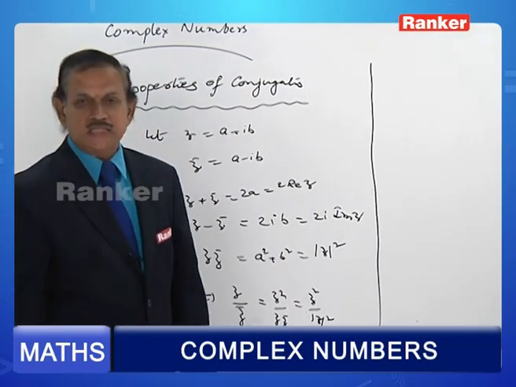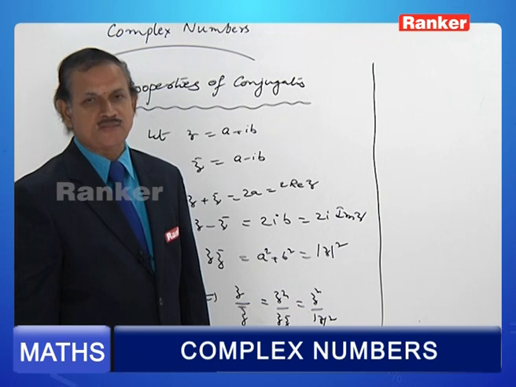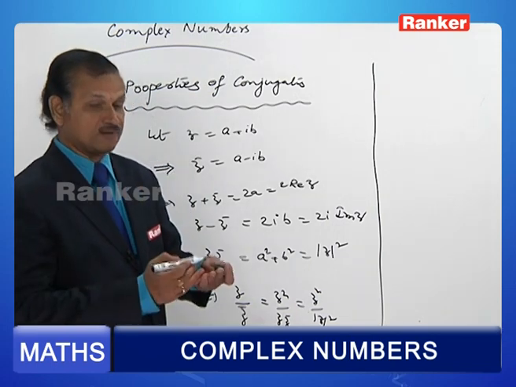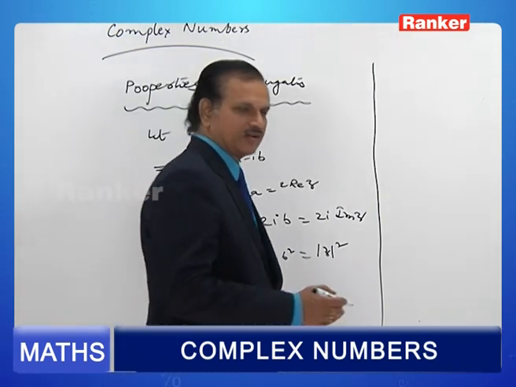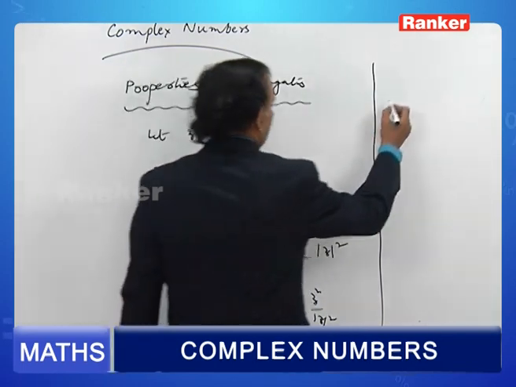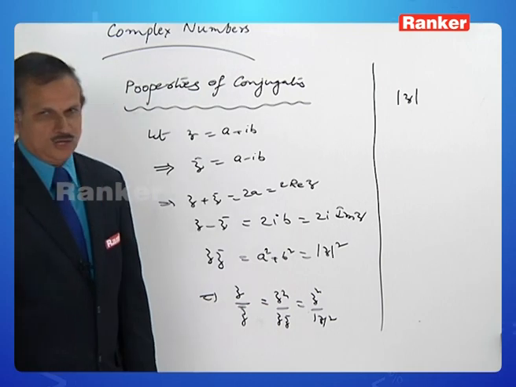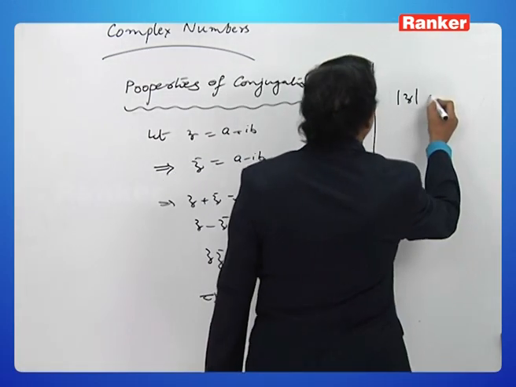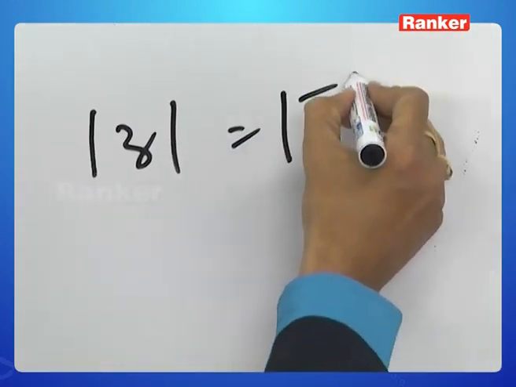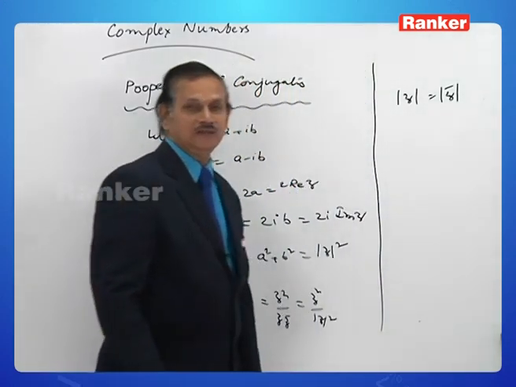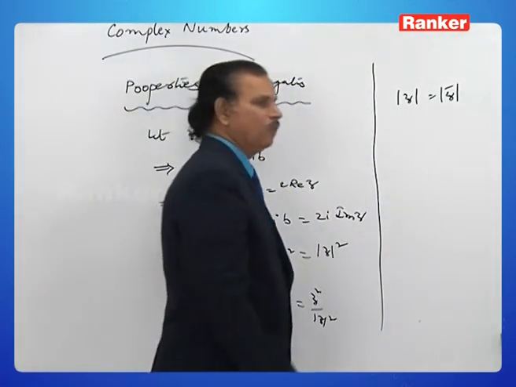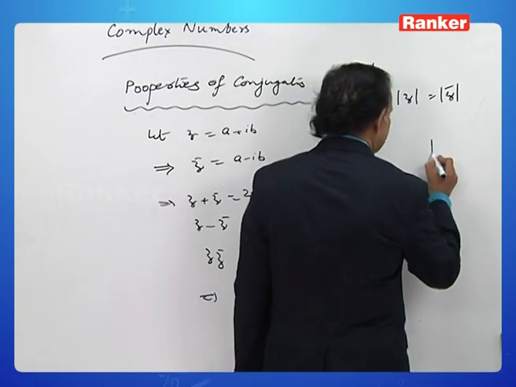Let us mix these using the properties of modulus of a complex number now. Mod Z, what is mod Z? Root of A square plus B square. What is mod Z bar? Root of A square plus B square. Why? Because you observe this diagram.